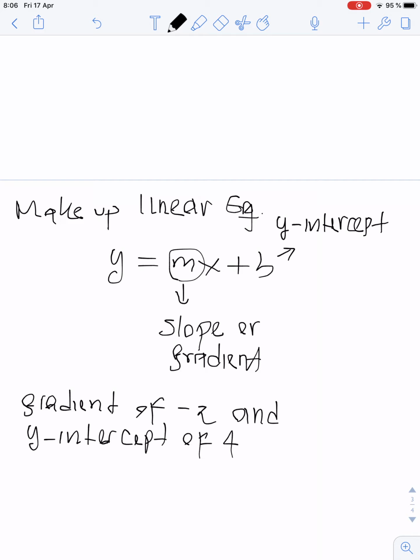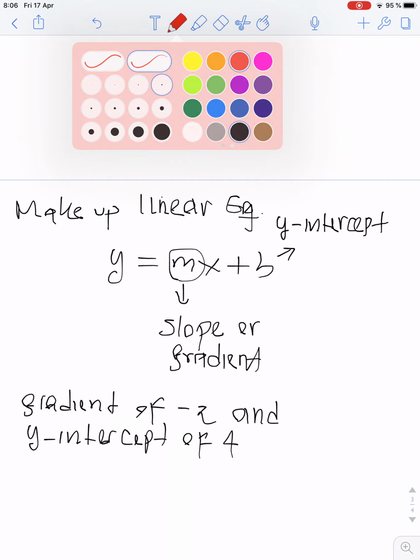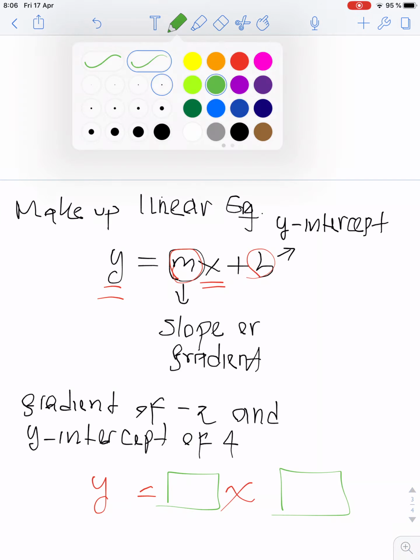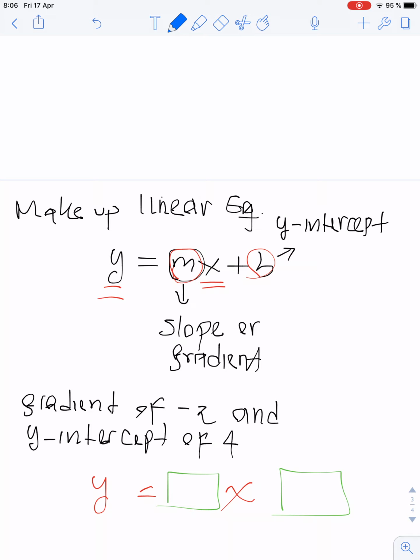In that sense, as you see, we already have the parts of a linear equation. We are always going to write y equal mx plus b. That means in this kind of structure, we only need to add the slope and the y-intercept. As you have in this problem, what is the slope? The slope or the gradient is minus 2, and the y-intercept is 4. When it's only 4, it's plus 4. In other cases, you will have the negative symbol.